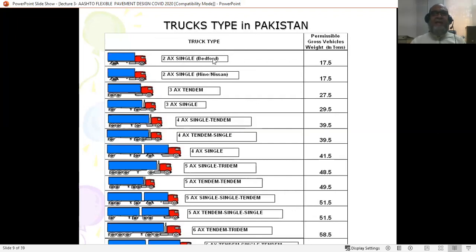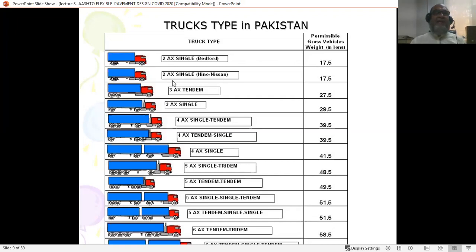There is a single axle at the front having one tire each side, and then there is a single axle at the rear. This is called a single axle with dual tires. So if the truck has 6 tires, the allowable weight is 17.5 tons.